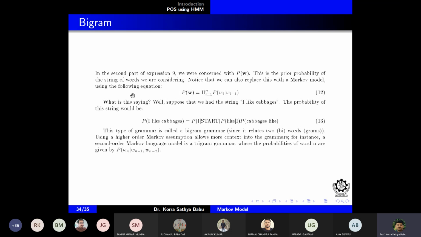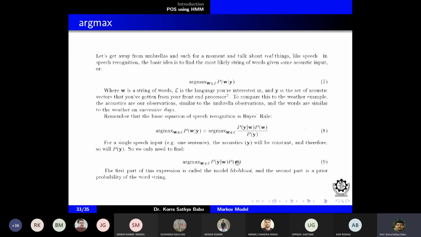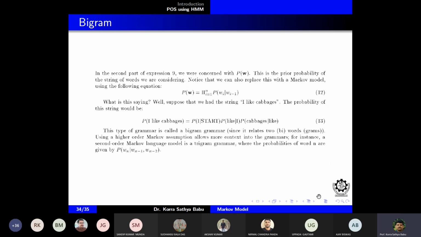The second part of the expression, from equation 9, argmax W belonging to L of P of y given W into P of W: we are concerned with P of W, the prior.